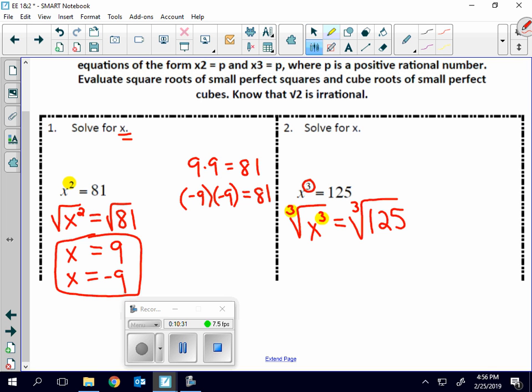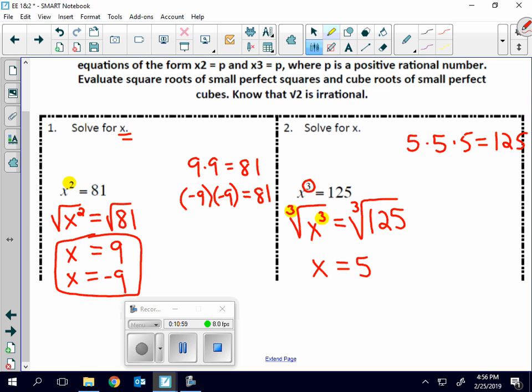So all that's left here now is an x. All right, and the cube root of 125 means what number times itself 3 times gives me 125? Well, let's see. I know the answer is 5 because 5 times 5 times 5 equals 125. So the answer is 5.